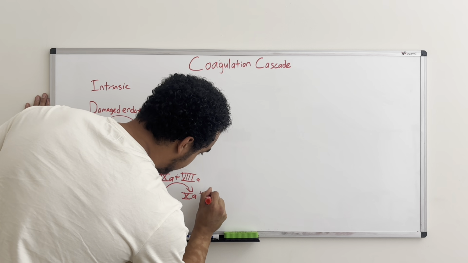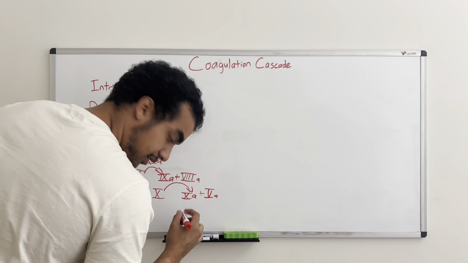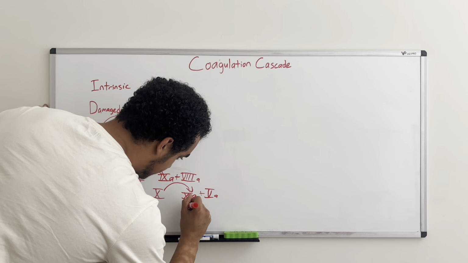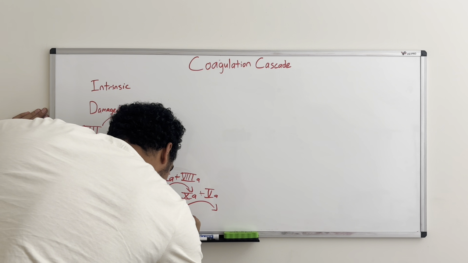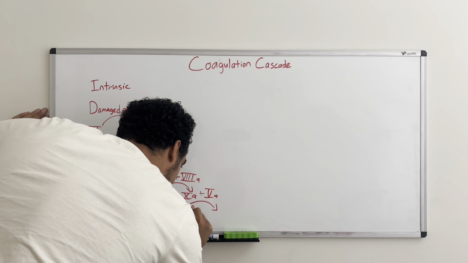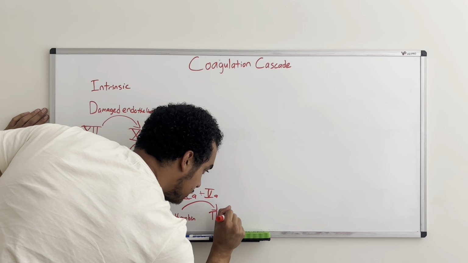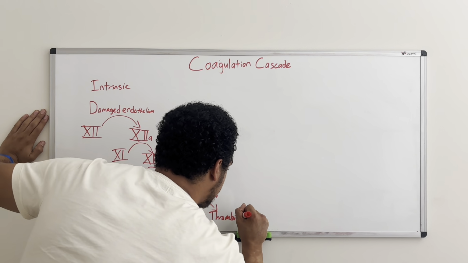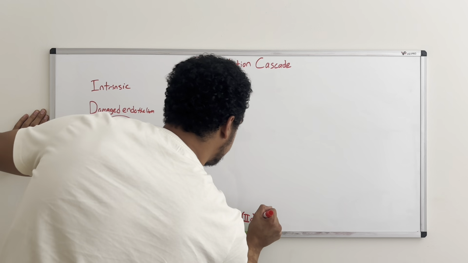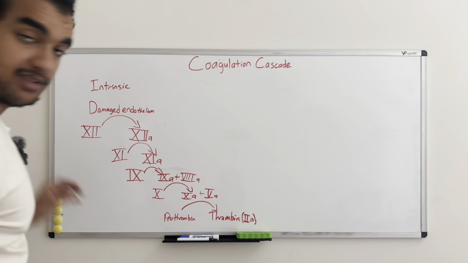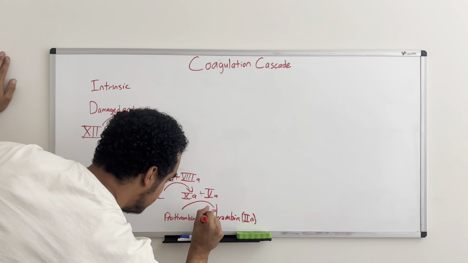It's going to bind cofactor 5, and then cofactor 5 and factor 10 are going to lead to the activation of thrombin from prothrombin. And again, thrombin is also called factor 2. Since it's activated, thrombin is the active form, it's going to be 2 alpha. Prothrombin is just going to be 2.